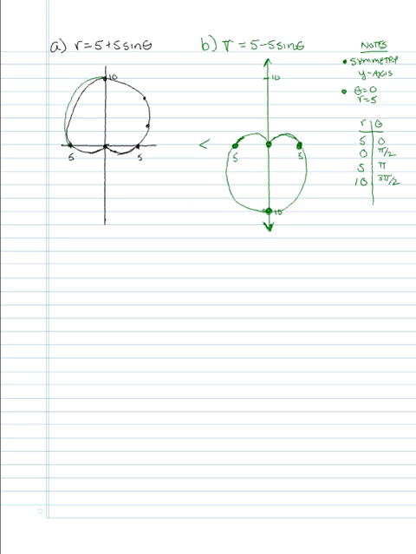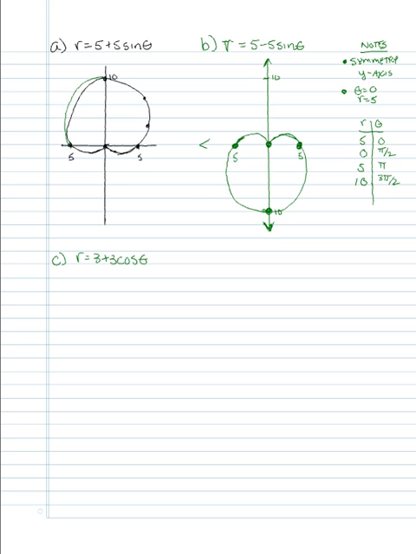Let's move our attention then to example C, and that was r is equal to 3 plus 3 cosine theta. So here my notes go this way.